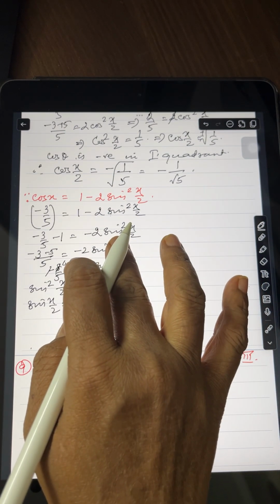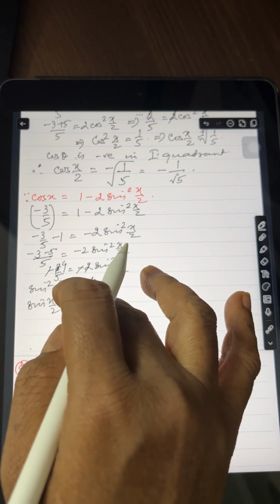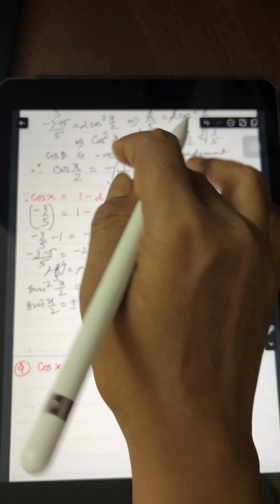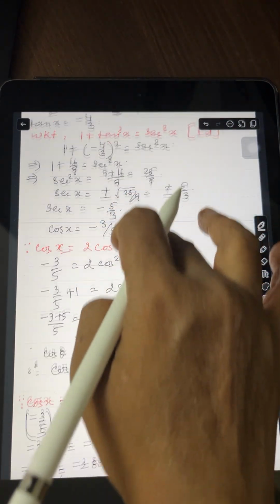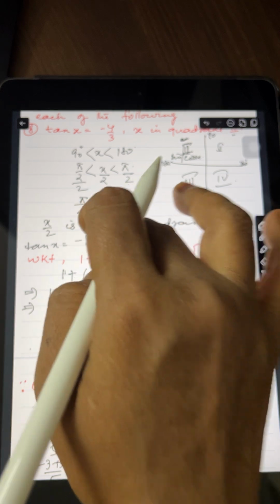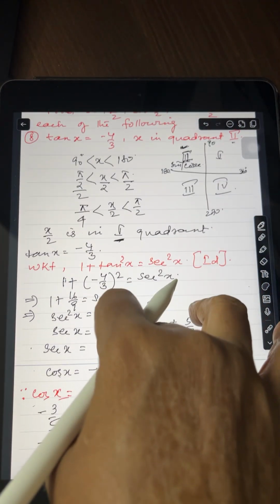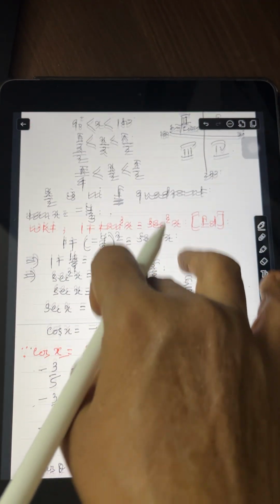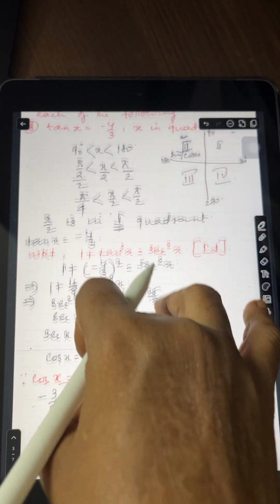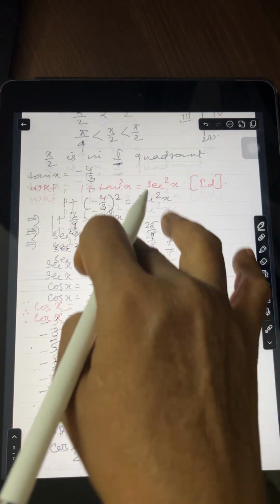Okay, 2 by root 5. Sin x by 2. So now again you will have to see x by 2 is in which quadrant? X by 2 is in the first quadrant. So in the first quadrant, all are positive.